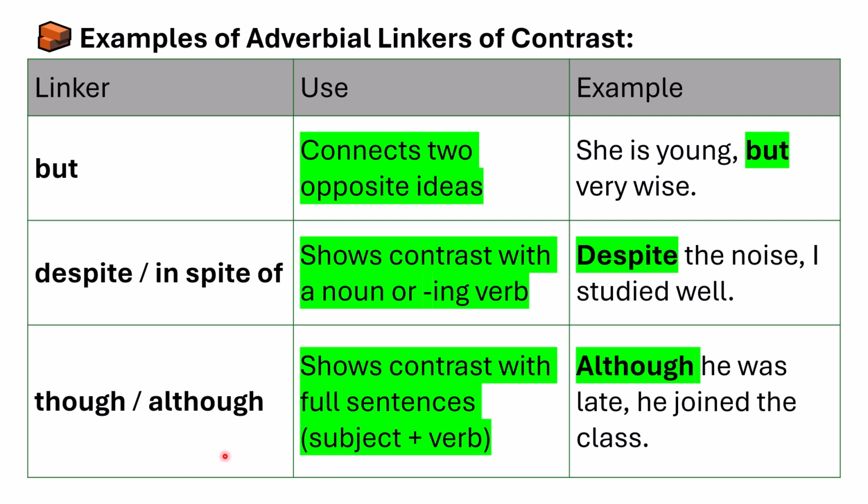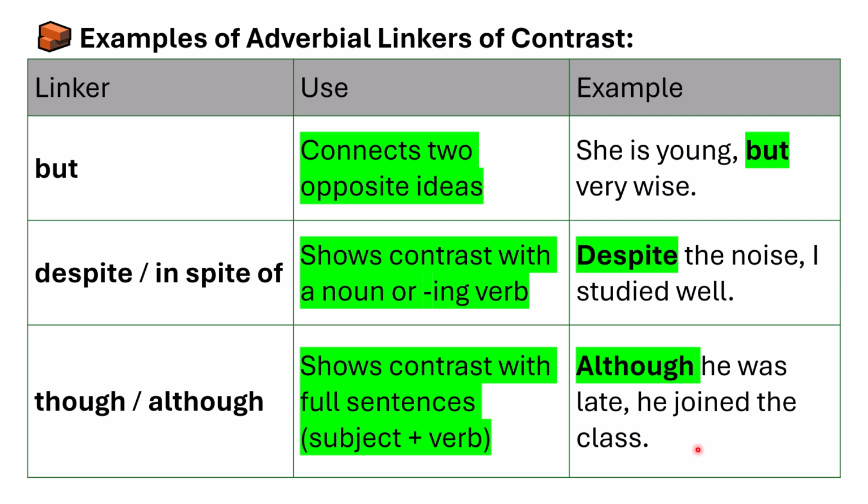Though and although. It shows contrast with full sentences, that is subject plus verb agreement. Although he was late, he joined the class. So someone who was late to the class, but still he joined the class.